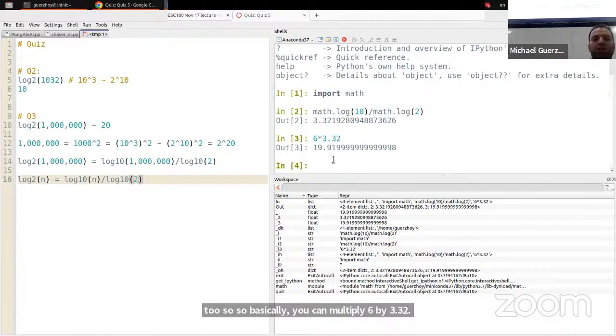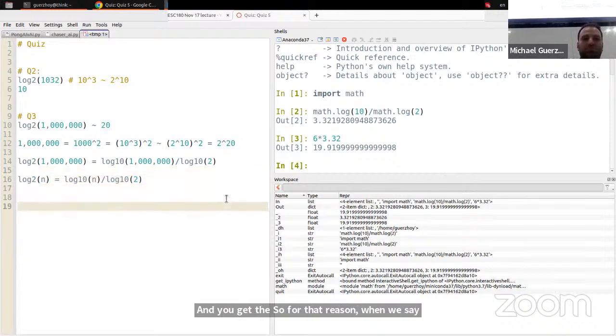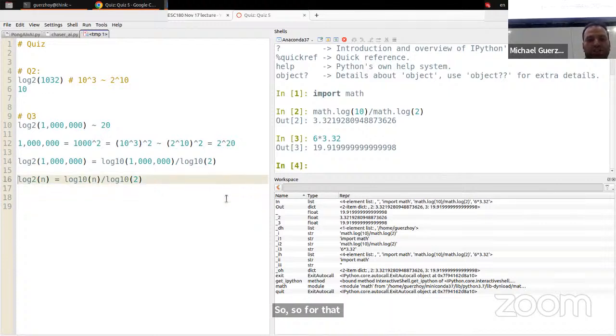So for that reason, to be explicit about that, that is equal to 1 divided by log n of 2.